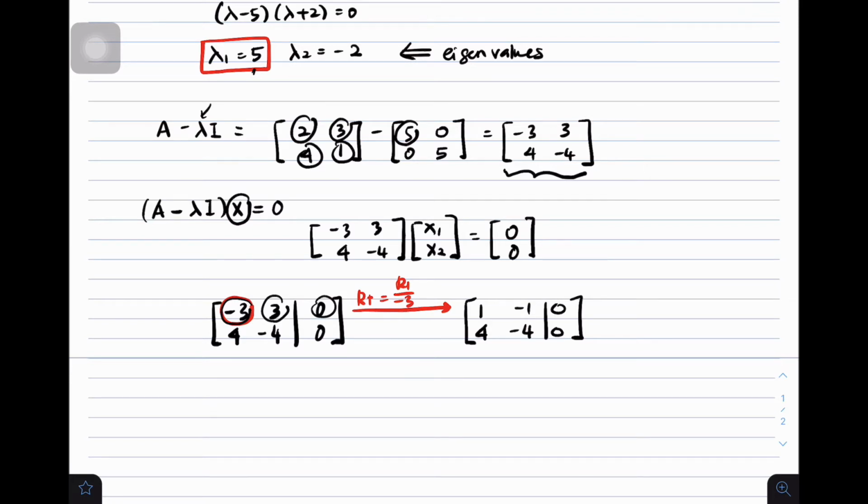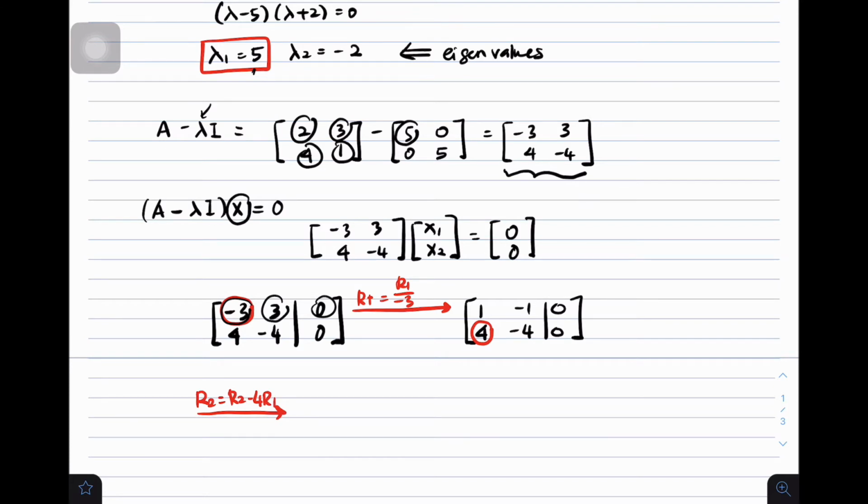Okay. Next, to get the row echelon form, we make sure this element will be equal to 0. So how can you make sure this element is 0? You need to do the row operation where R2 is equal to R2 minus 4 times R1.